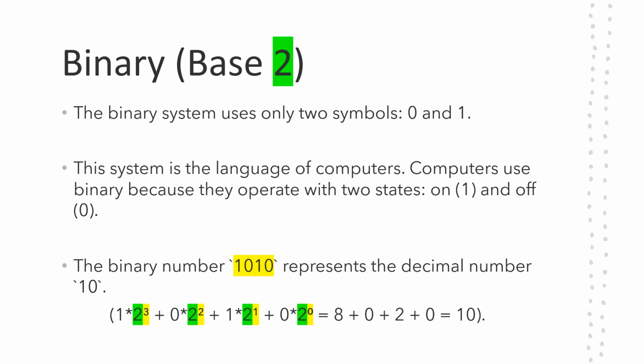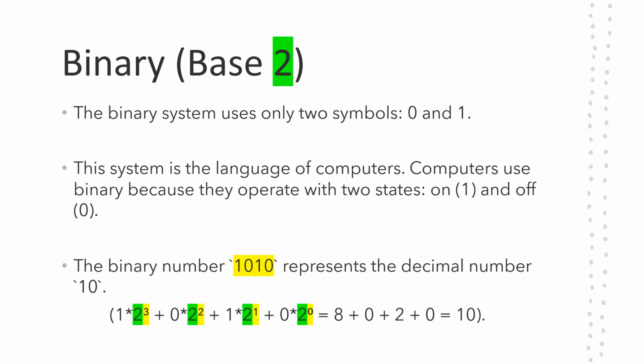So if we see something like the binary number 1010, it would be represented by the decimal number 10. And the way that we would do that is we know that we have 4 positions here, 1010. So we would take 1 times 2 to the third, because we know that it's a base 2 and we're trying to count down to 0.